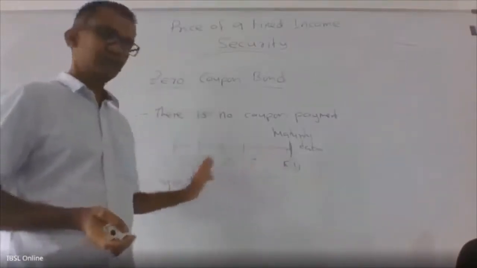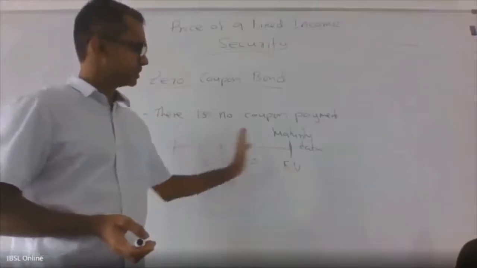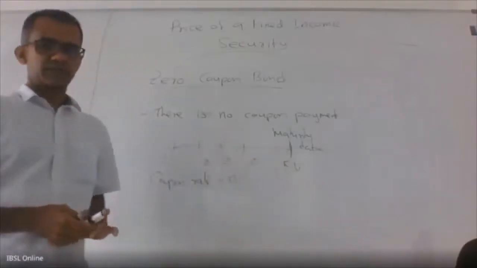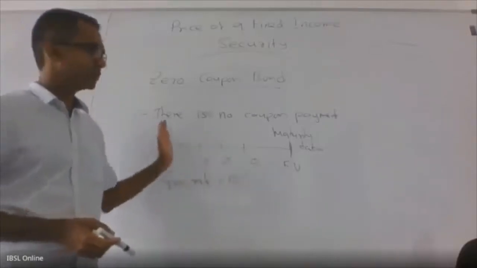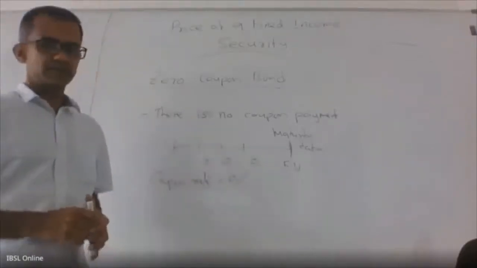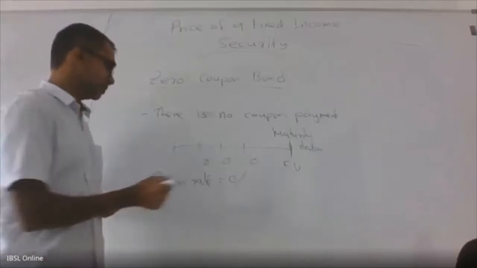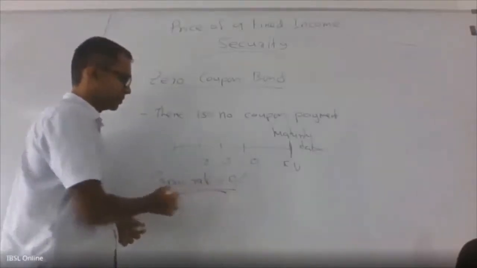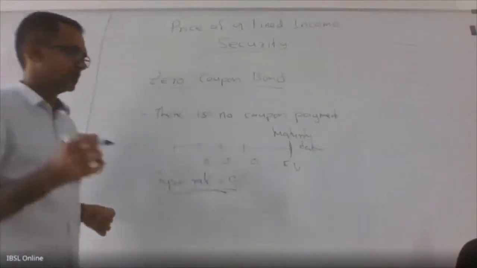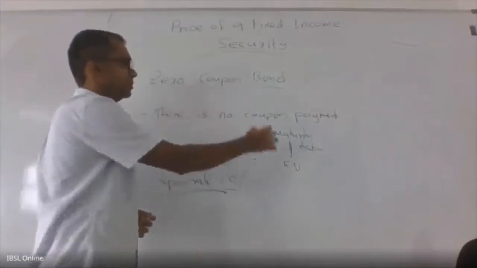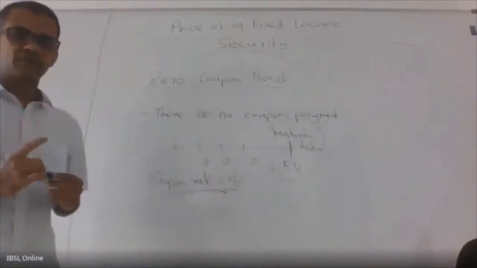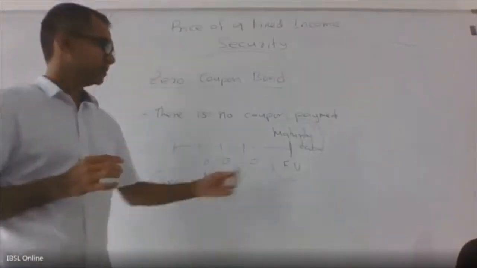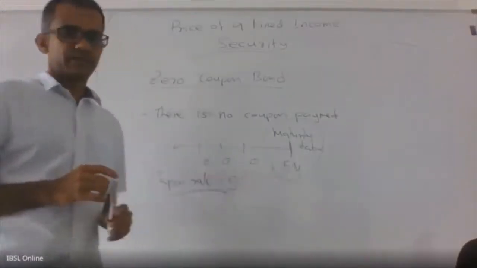Even in this, it's the same concept, but it's a bond. That means maturity is more than 1 year without any coupon payment. So the coupon rate is 0. Therefore, in a zero coupon bond, you have only one cash flow at the maturity date.